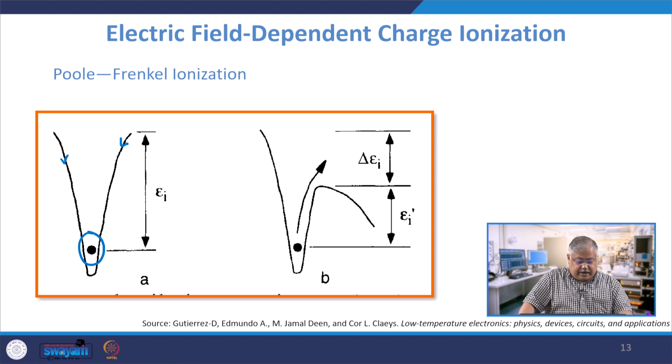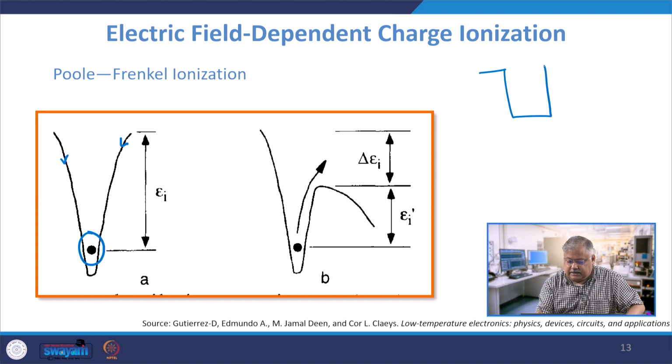The trap has a negative energy, and negative energy is a stable energy, so all electrons are trapped here. What happens is, because of thermal fluctuations or otherwise, on one side the energy of the barrier actually falls down, and therefore there is a finite probability that the trapped charge carriers need not cover the whole trap.